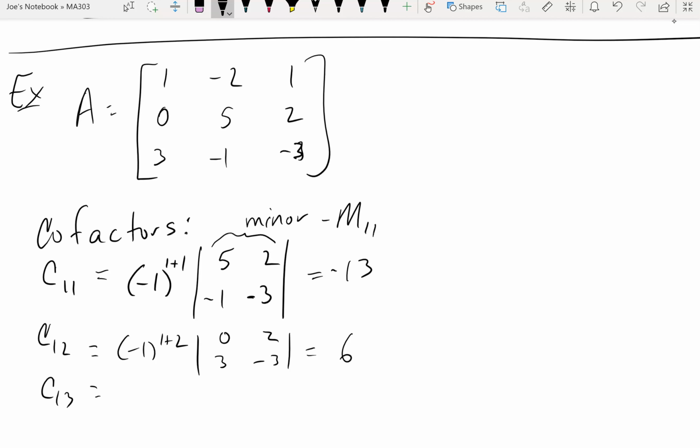I eliminate row 1 and column 2. We do 0, 2, 3, negative 3. And then I'll have a negative 6 when I do the determinant, but there's a negative out in front. So I get positive 6. Is it the 0 times 3 minus 3 times 2? Yep.